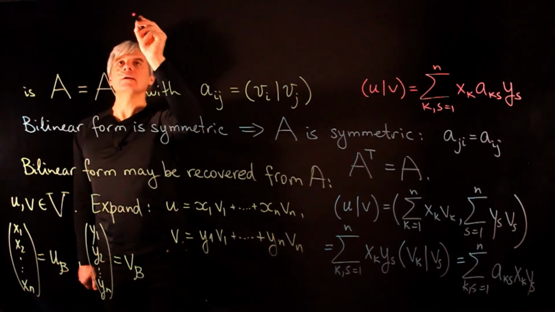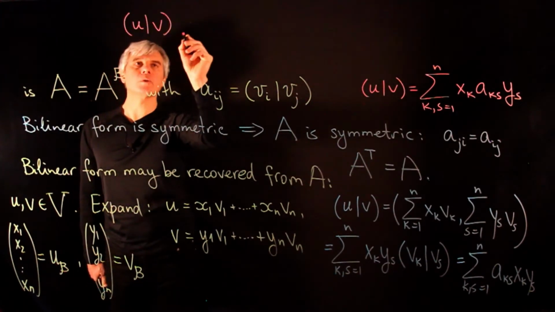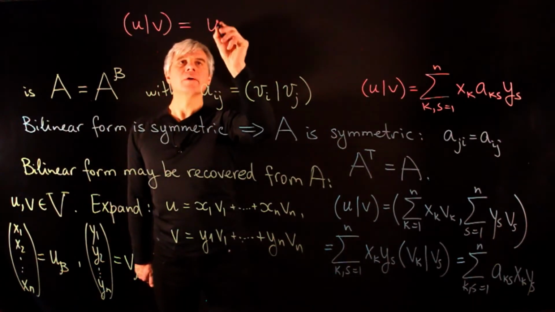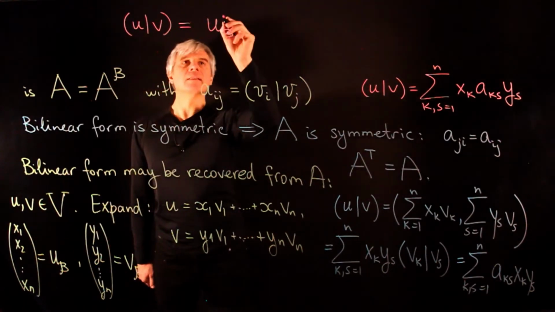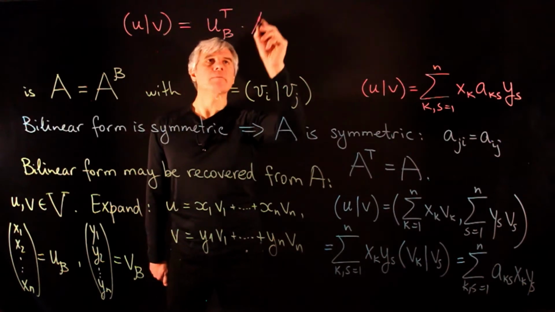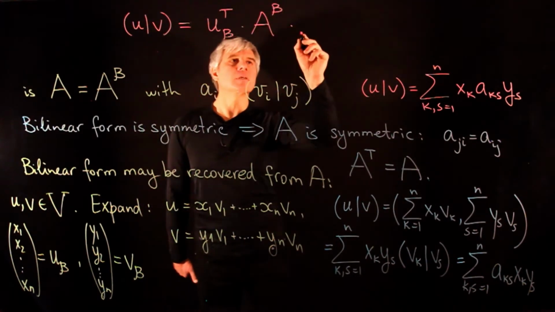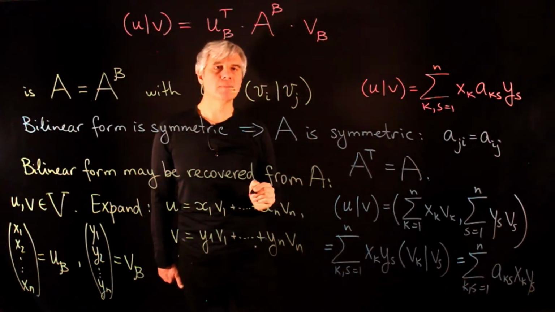So here we will get that the value of the bilinear form on u and v is the product of, we take the coordinate vector u_B and take its transpose, so turn it into a row, times matrix A in basis B, times the coordinate vector of v with respect to basis B.